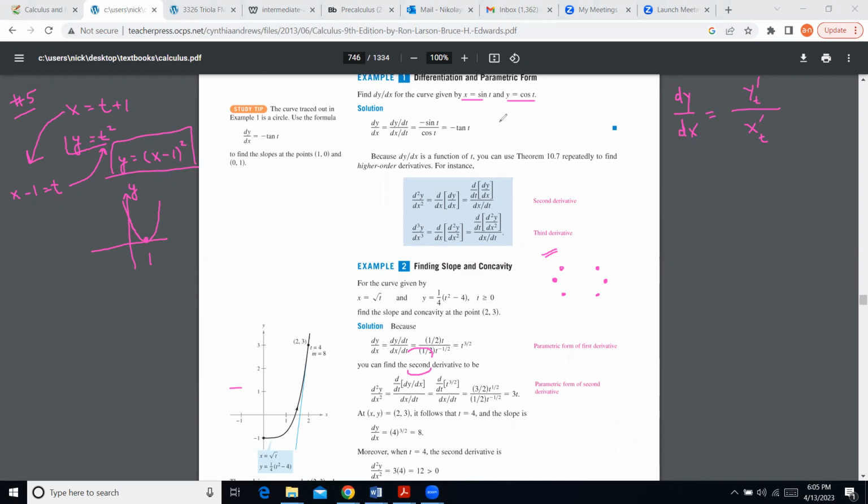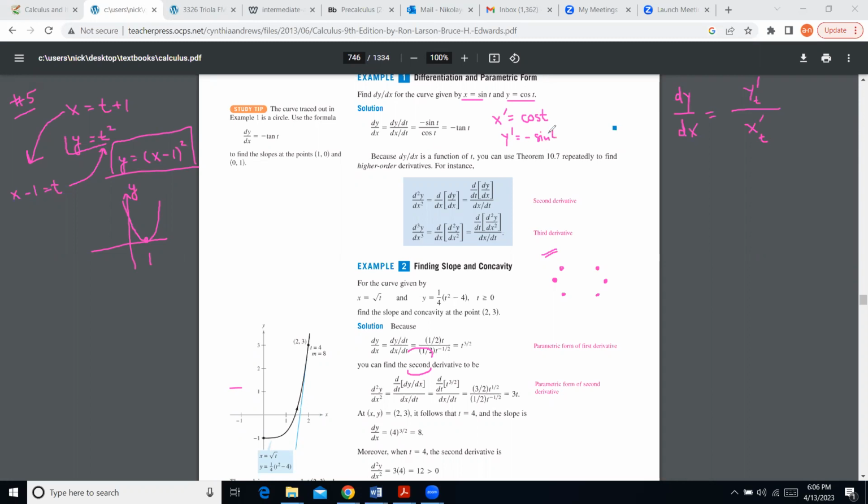So I can take the derivative of function x, which is the derivative of sine, which is cosine, right? And then the derivative of y, which is the derivative of cosine, which is negative sine.